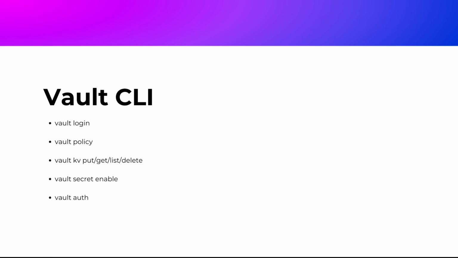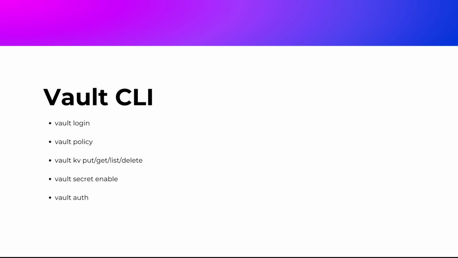If you want to create, patch, or delete any kind of secret, you can use vault kv put, patch, get, delete keywords. If you want to list all the secrets available within a specific path, you can use the vault kv list command. And if you want to enable a specific secret engine, let's say a PKI certificate based secret engine, then you can use the vault secrets enable command.